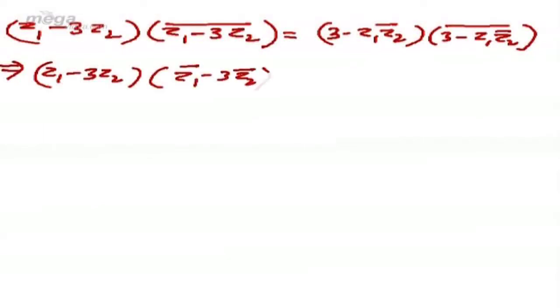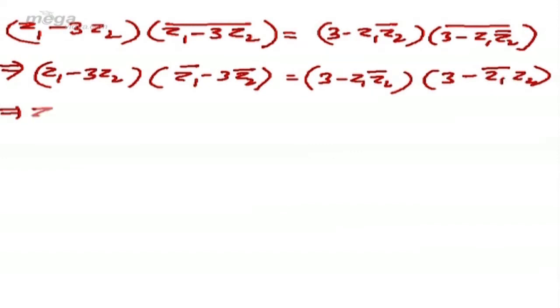Now this can be written as (z1 minus 3z2) into (z1 bar minus 3z2 bar) is equal to (3 minus z1 z2 bar) into (3 minus z1 bar z2), since 3 bar will become 3 and z1 z2 bar will become z1 bar z2. Now we multiply the complex numbers.